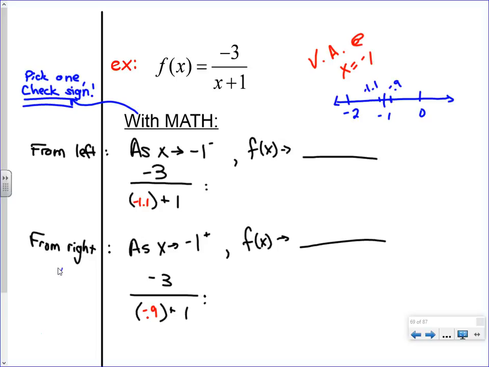Don't worry about the number. Check the sign. Meaning, ready? What sign is -3 you're going to keep on having? Negative, over. What sign is -1.1 plus 1, or -1.2 plus 1, or -1.01 plus 1?